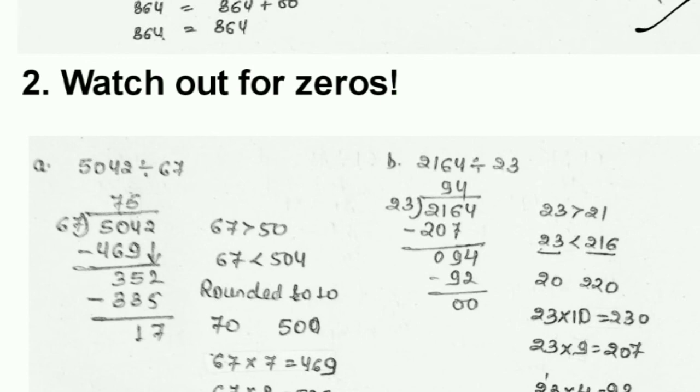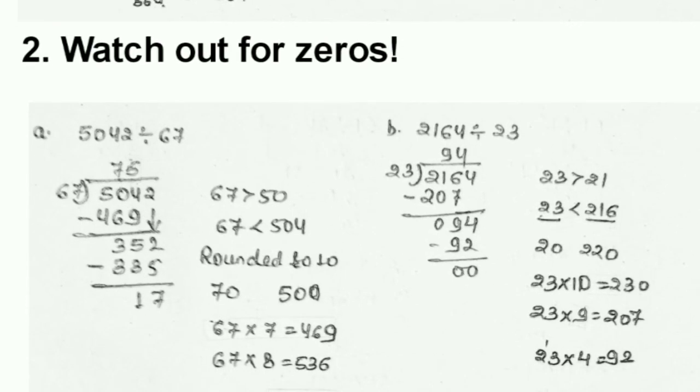Watch out for zeros. Watch out for zeros means the same thing we will do here. First 67, we can round off or directly we can solve it. 67 multiplied by 7, we get 469. After that we get the remainder.